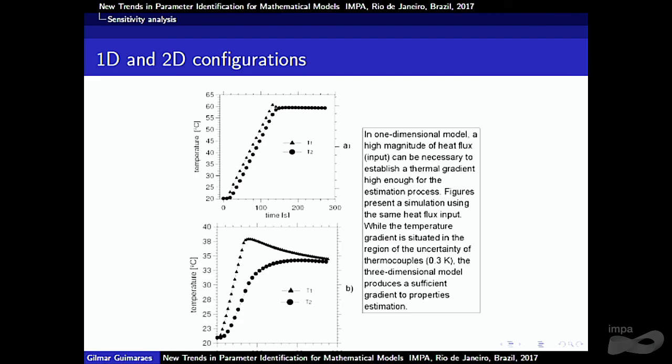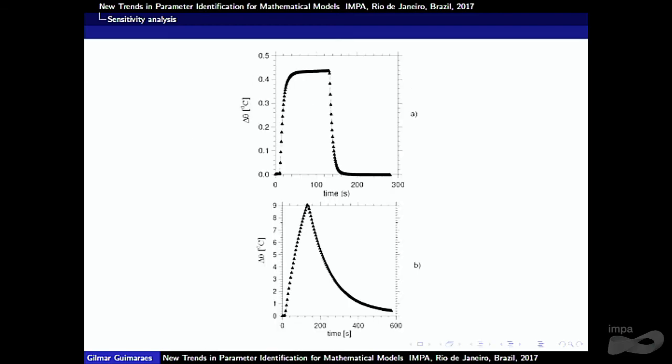So if you put the same heat flux, you will have a difference of temperature in the order of the uncertainty.